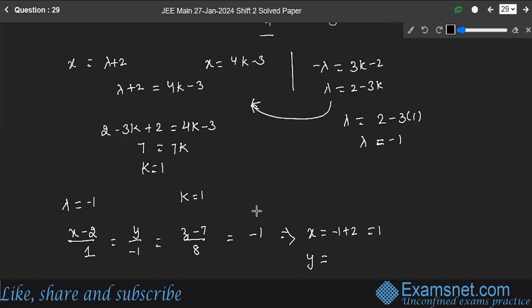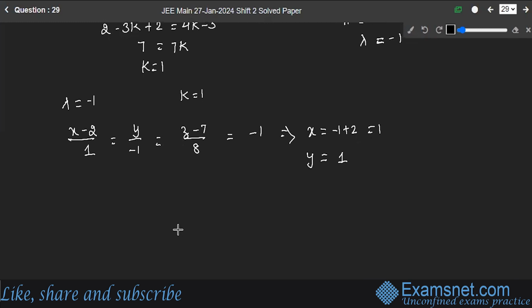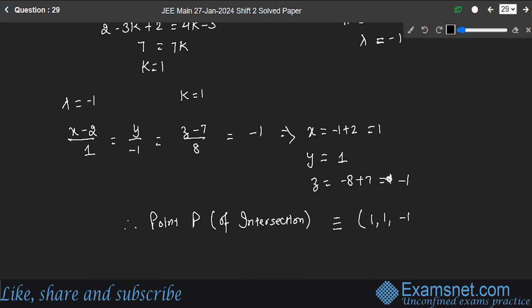Y is equal to minus 1 into minus 1, so y is equal to 1. And z is equal to minus 8 plus 7, which is equal to minus 1. So the point of intersection P is (1, 1, minus 1). That is the point of intersection.